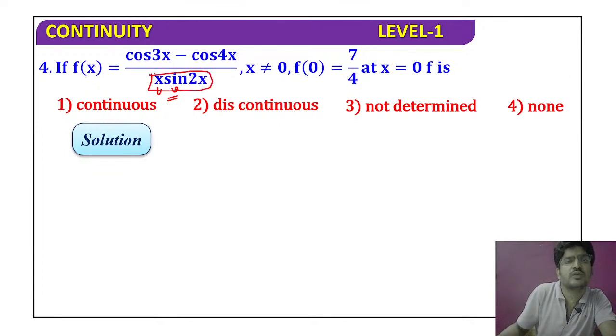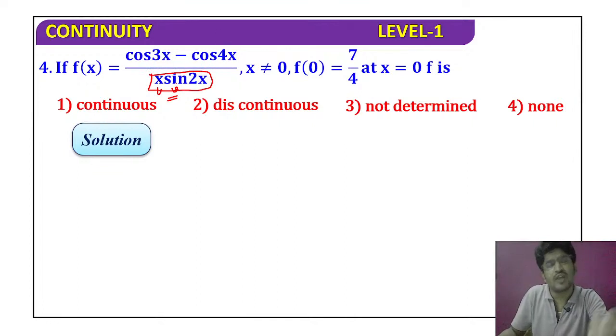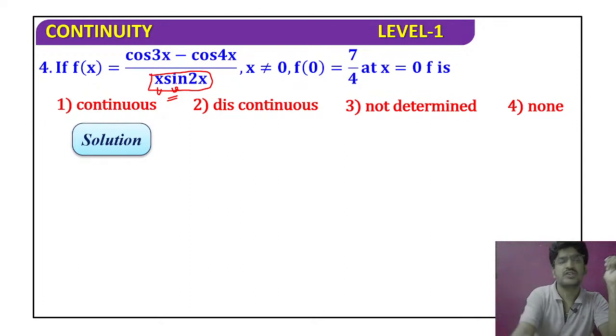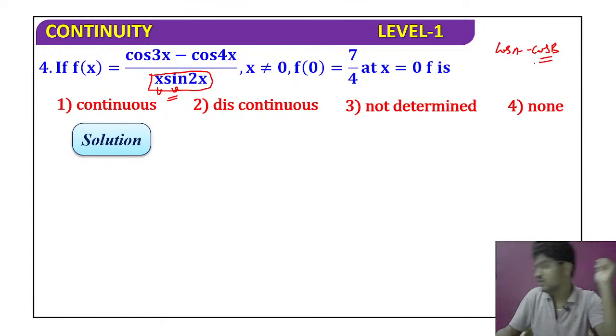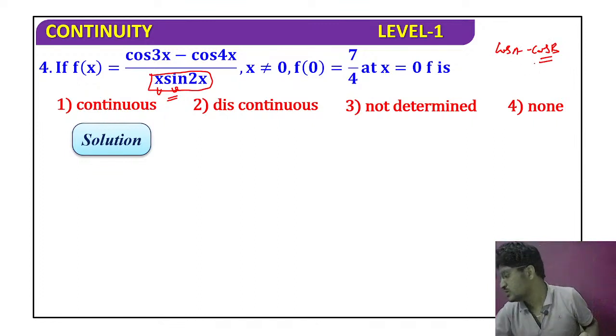But my opinion is that if product rule or quotient rule comes, L'Hospital rule becomes a little bit lengthy. So quickly use the cos A minus cos B formula, so that it will be very simple.